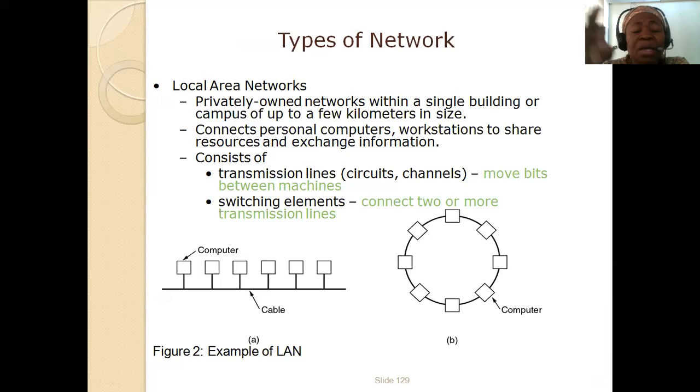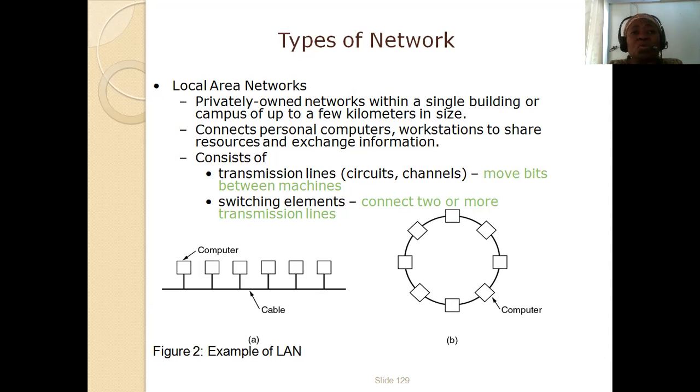So a school can have a local area network, like a university or even a secondary school, if they so wish. An organization, a company can have a local area network. It connects personal computers and workstations to share resources and exchange information. I think I must have explained that computers are not just connected for connecting's sake. There is a purpose.